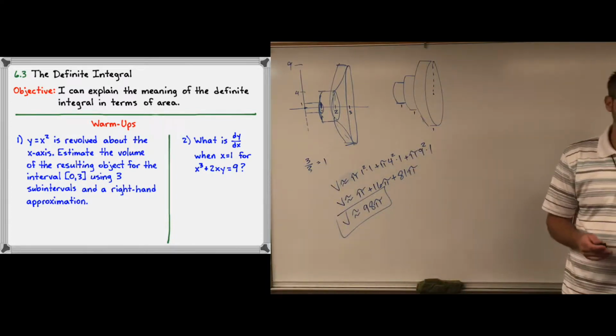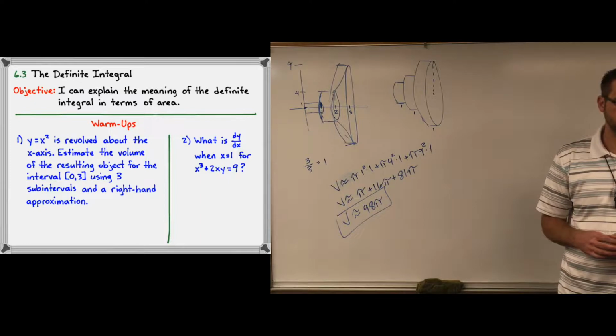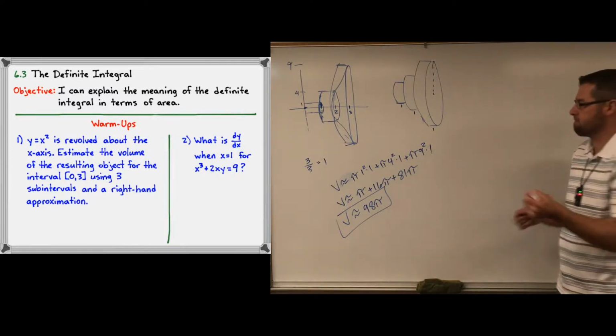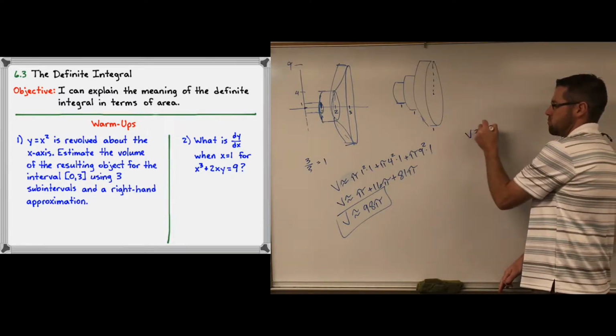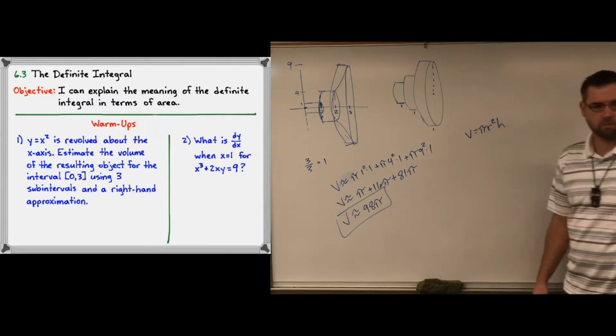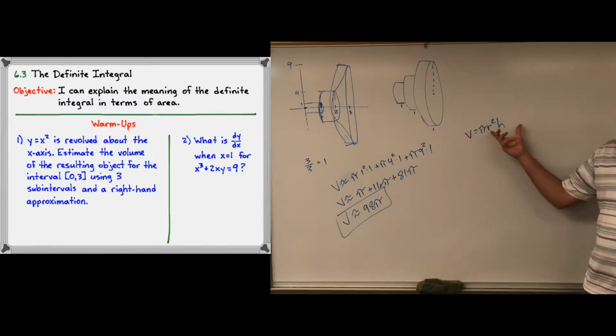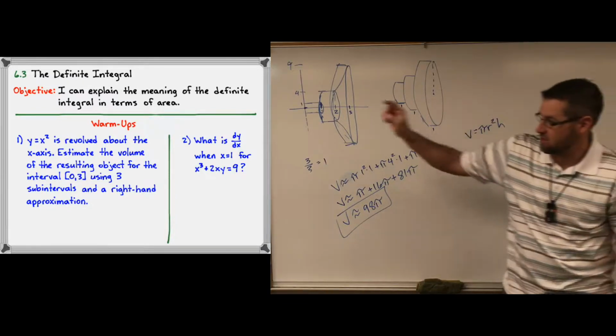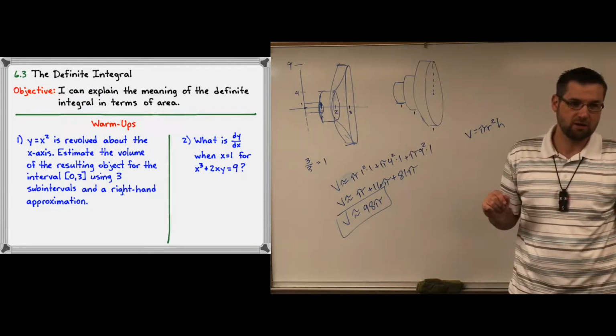Are you okay with that? The volume of the cylinder is pi r squared h, right? The radius is determined by the equation y equals x squared.